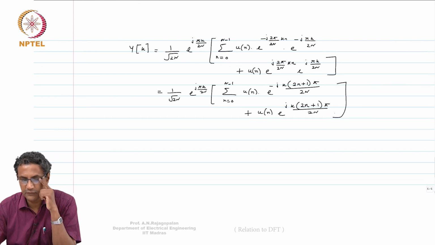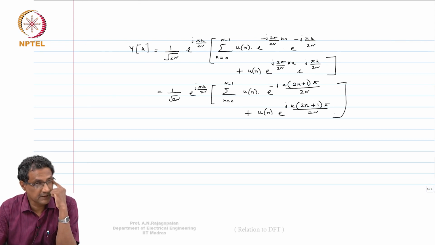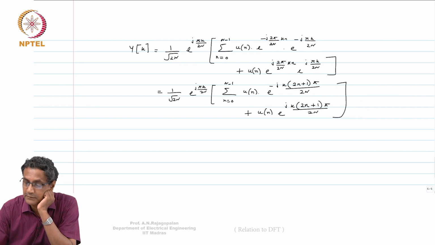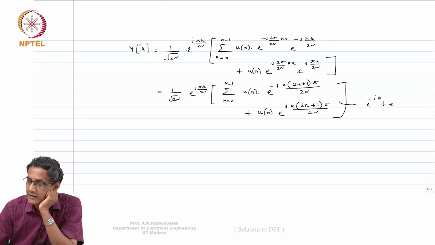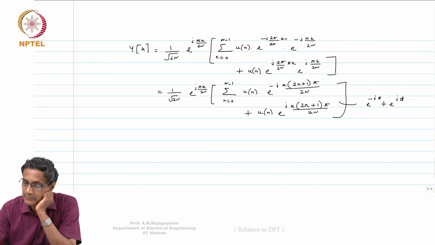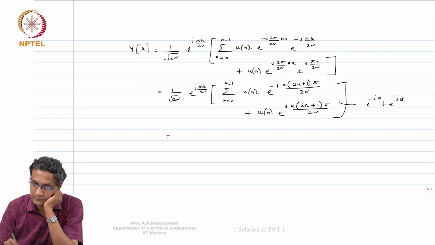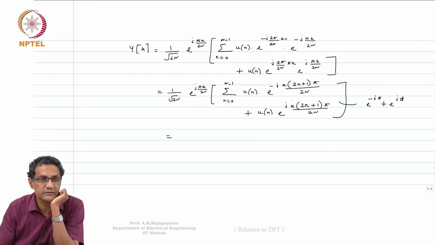So now you start to see the similarity, like e power minus jθ plus e^(jθ). u(n) is common, so this is of the form e raised to minus jθ plus e raised to jθ, with the same θ, so you will get 2 cos θ.